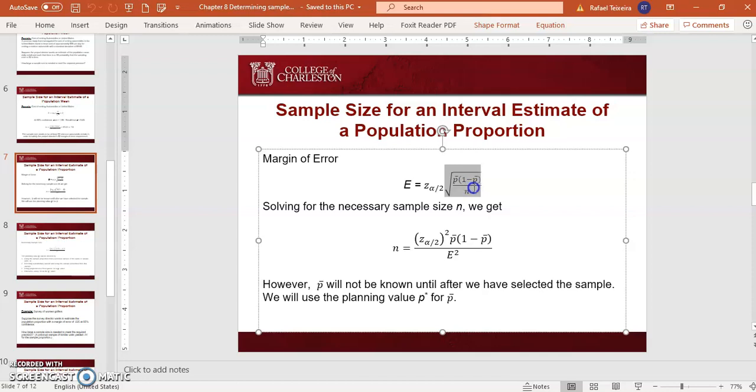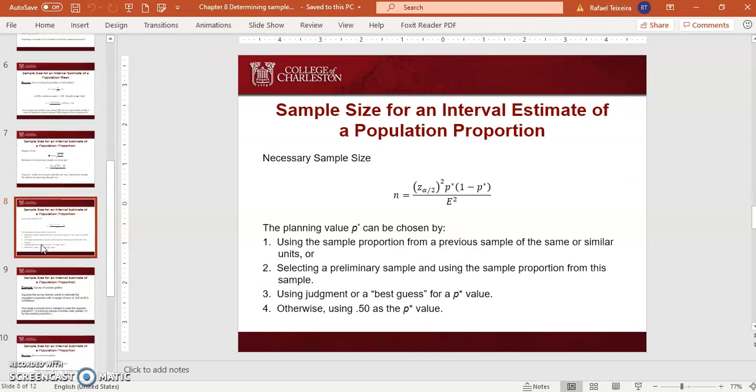Okay, so this is how you compute it. And if you do some algebra here, then the sample size is equal to the z-score squared multiplied by the sample proportion multiplied by 1 minus the sample proportion, divided by the margin of error squared. Okay.